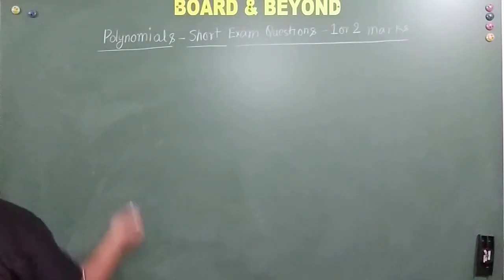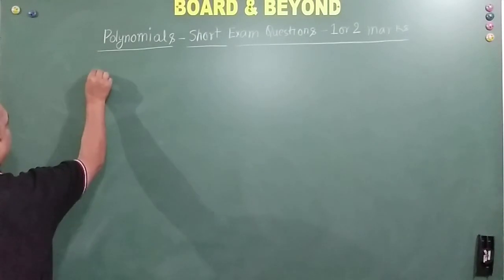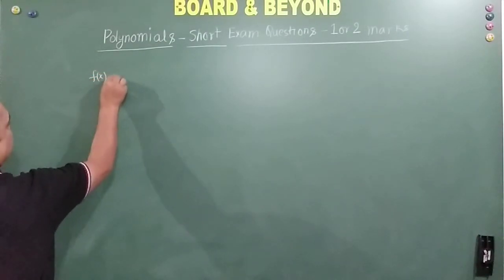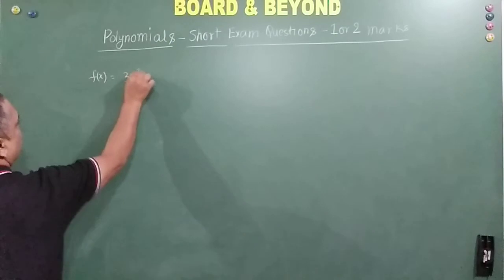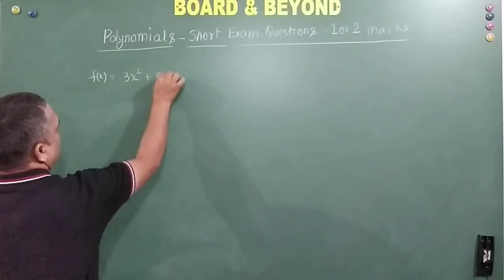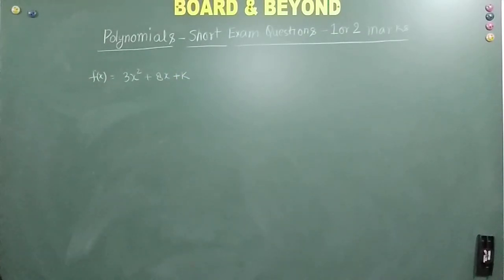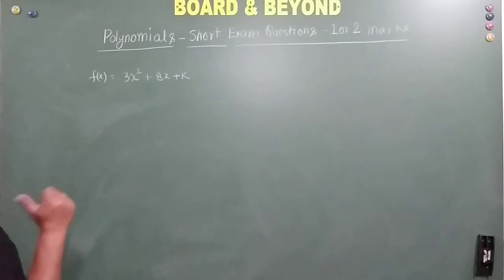Let's take this one. f of x is equal to 3x square plus 8x plus k. We are expected to find k here.